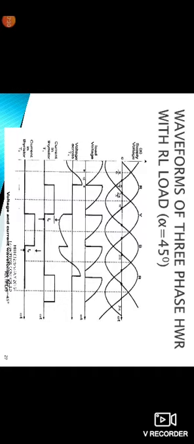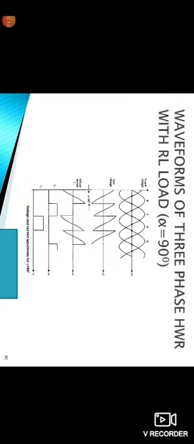The voltage across T1, before the SCR moves into conduction, reaches a certain voltage up to alpha, then it stays constant and follows only the firing angles. And the current in thyristor T1 goes from R to Y and B to R, and the current in thyristor T2 flows only in between Y and B. These are the waveforms of the three phase half wave rectifier with RL load.